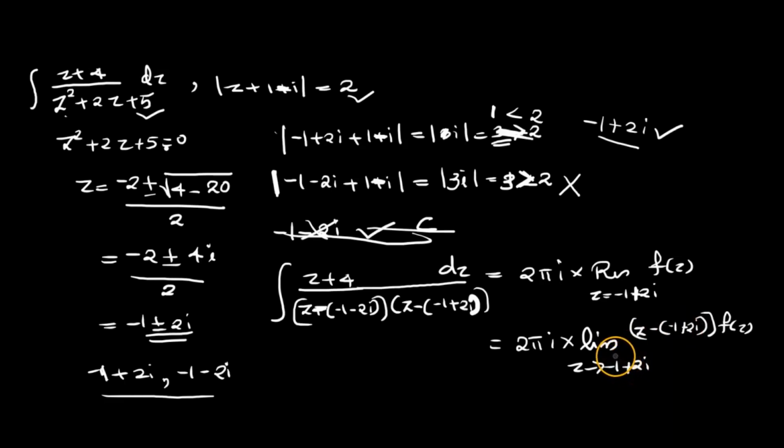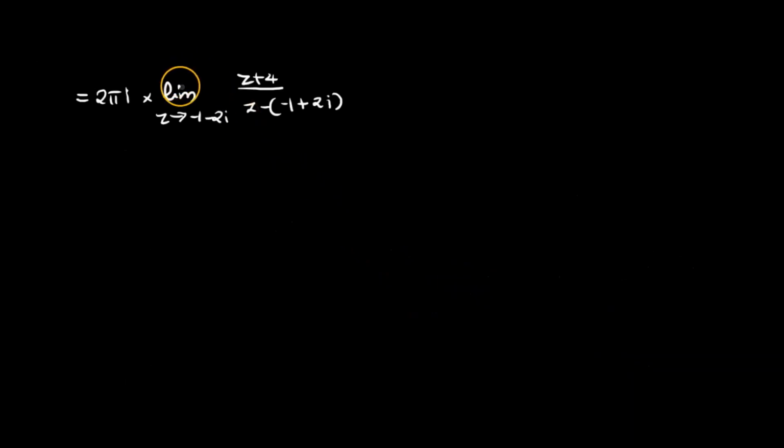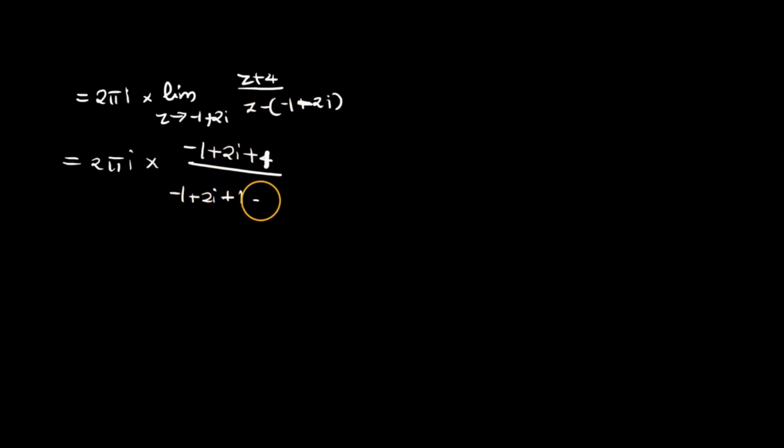So we get: z minus (−1 − 2i) and z minus (−1 + 2i) in numerator and denominator cancel each other. So remaining is z minus (−1 − 2i). Putting the limit we get 2πi times (−1 + 2i + 4) divided by (−1 + 2i − (−1 − 2i)), that is plus 1 plus 2i.